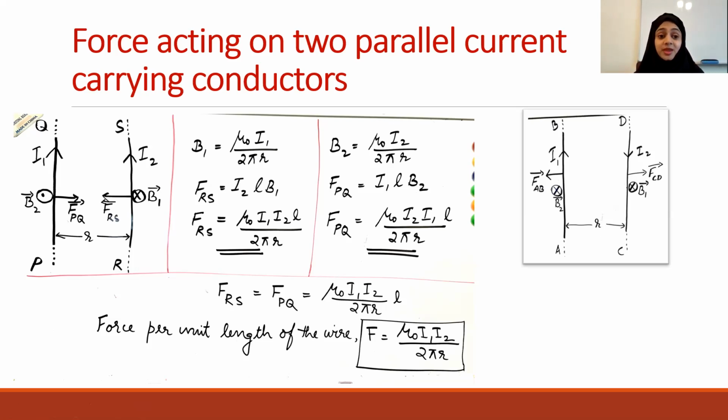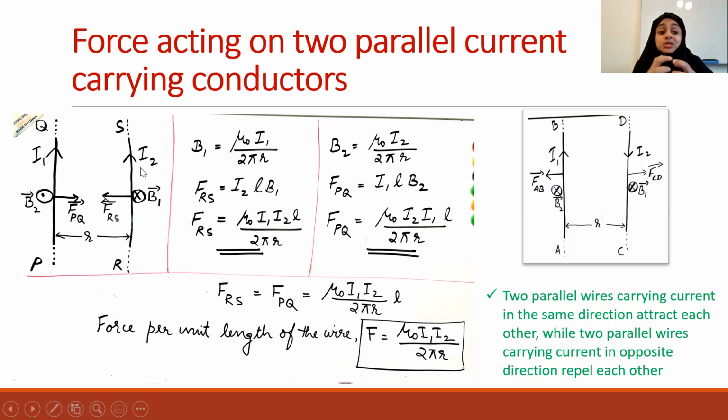So see, two parallel straight wires carrying current in the same direction attract each other, while two parallel wires carrying current in opposite direction repel each other.